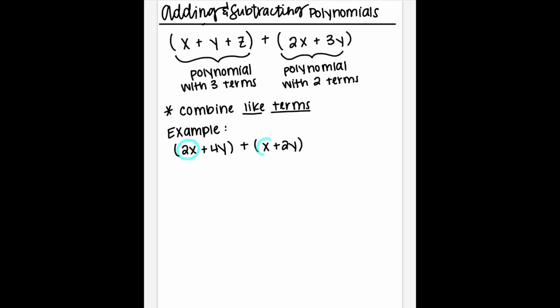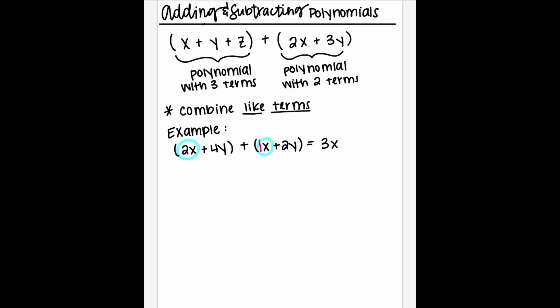So I have 2x, and here I have the term x. Anytime we have a term that does not have a coefficient or a number in front of the variable, it's understood to be a 1. So 2x plus 1x is 3x.